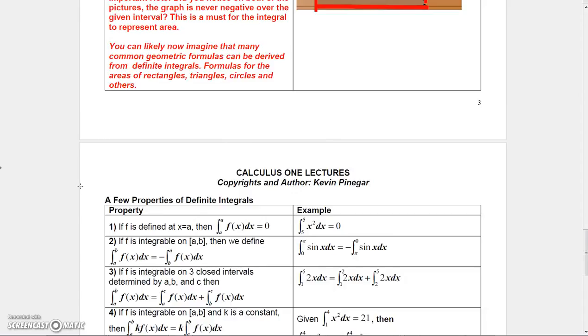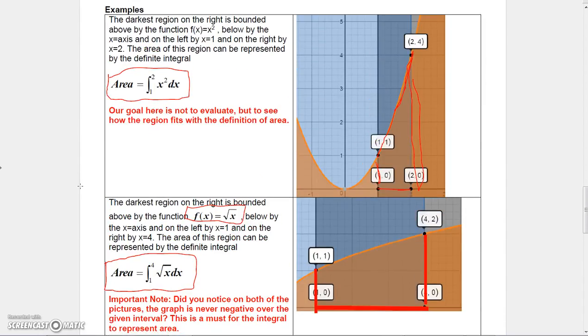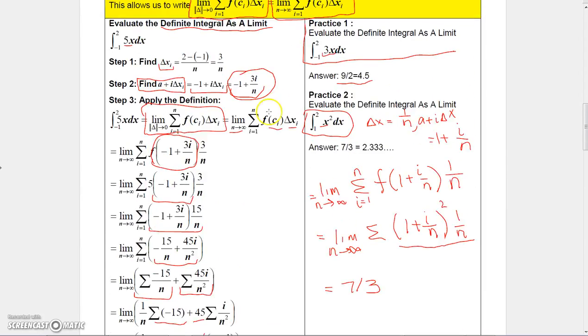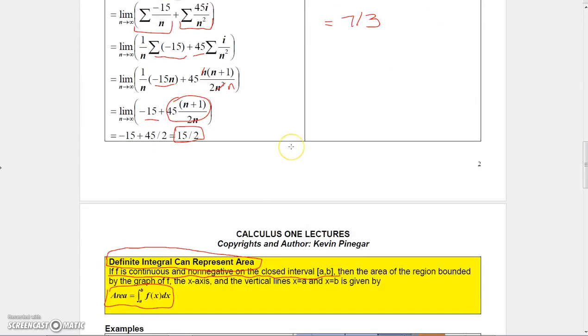Now, on one of those examples, you should already know the answer, because up here I gave you a practice problem, I believe. I said integrate from 1 to 2 this function, and I said you should get an answer of 7/3 or 2 1/3.